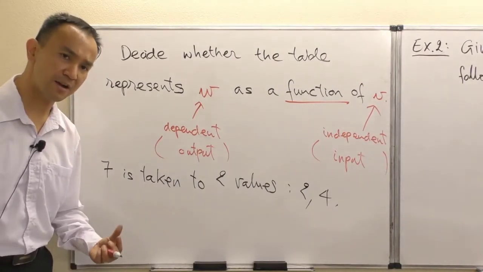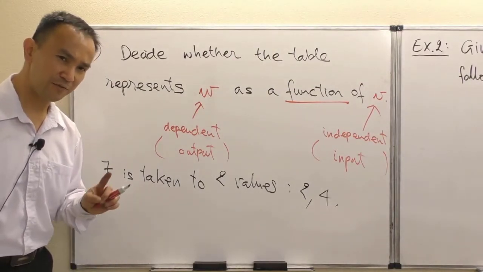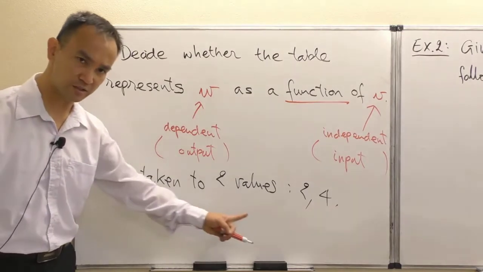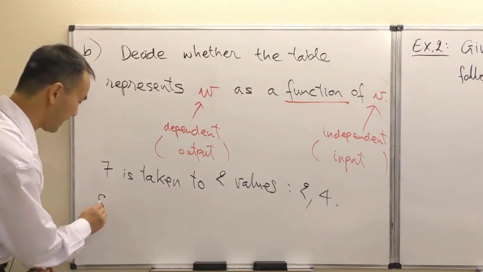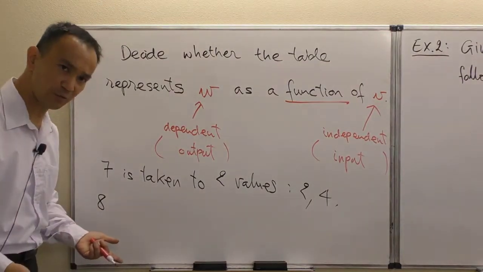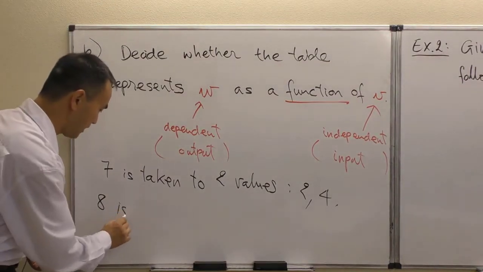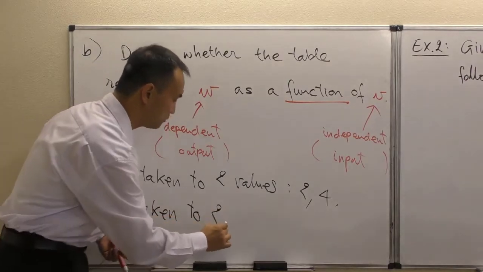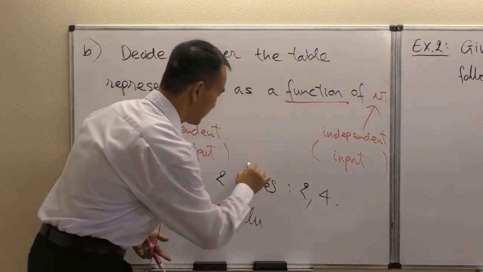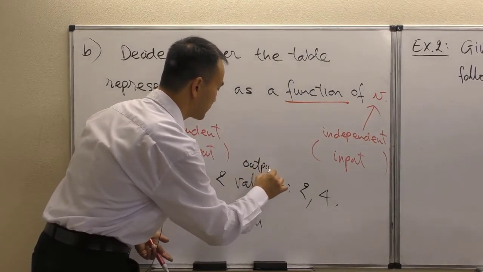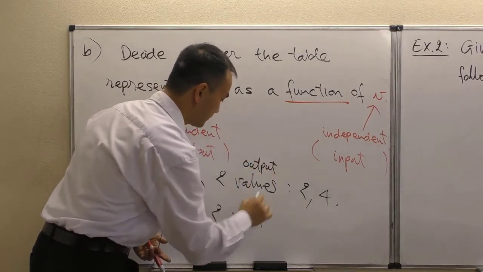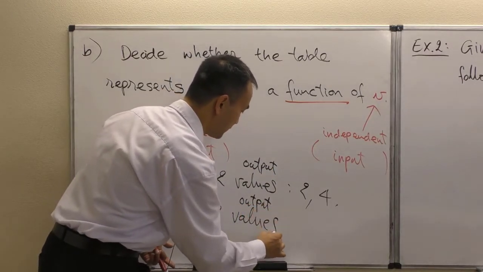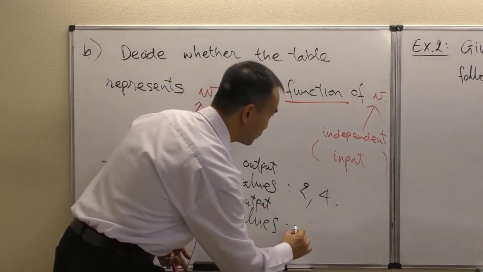I pinpointed that we failed that requirement: this is an input, but there are 2 outputs for that input. Same thing that happened with 8. We spotted that with 8 first. So 8 is taken to two values, and I should have said two output values. Those are 1 and 5.